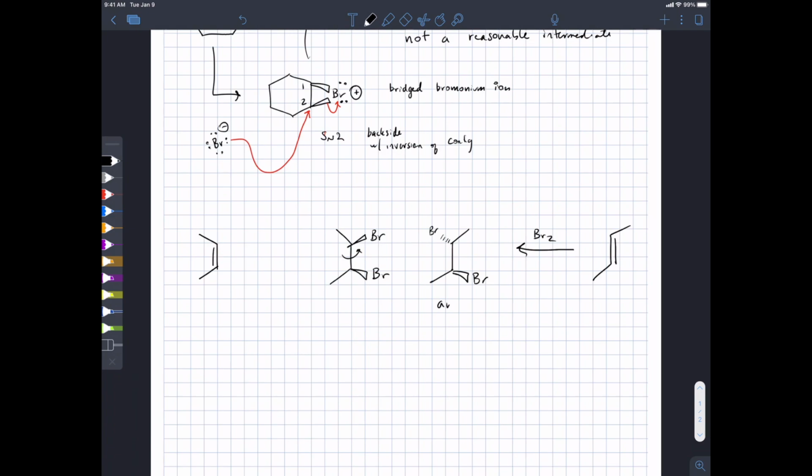So yes, this product is the anti-product of this, the trans alkene starting material, though it is not the anti-product from this alkene starting material. Does that make sense? So you can't call a bromination product anti or syn until you know what the alkene stereochemistry was.